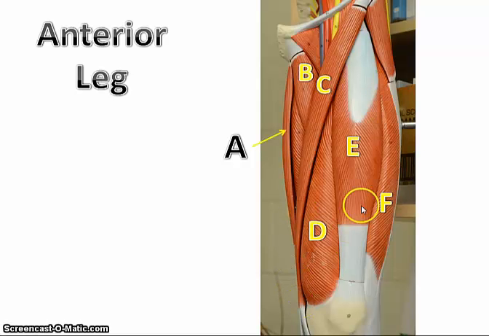Then we have this group of 4 muscles where you can only see 3, but this group is the quadriceps. This is where it's really important that you know the difference between medial and lateral. So this is the medial side. So remember, this big bulky muscle here is the vastus medialis. The muscle in the center is the rectus femoris, and below the rectus femoris, or deep to the rectus femoris, remember, is the vastus intermedius.